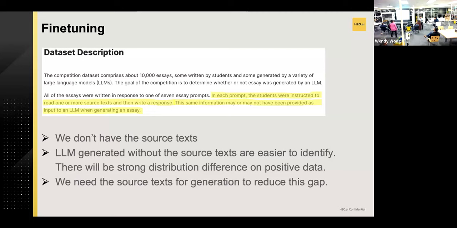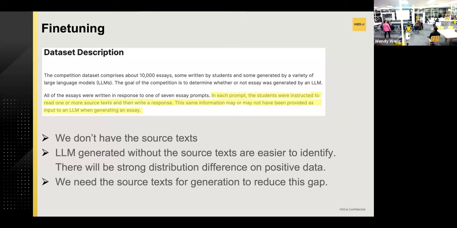And the thing is, if we don't have those articles or source texts, the LLM generated data set will be too easy to classify, because all the negative data, the student written text, are based on those articles.